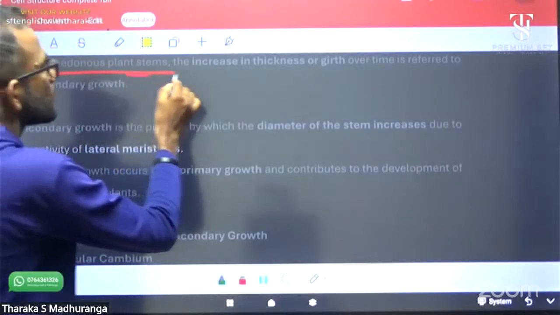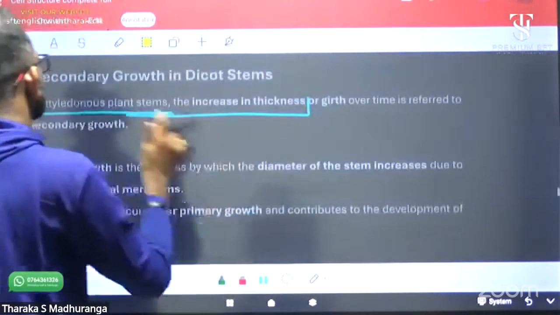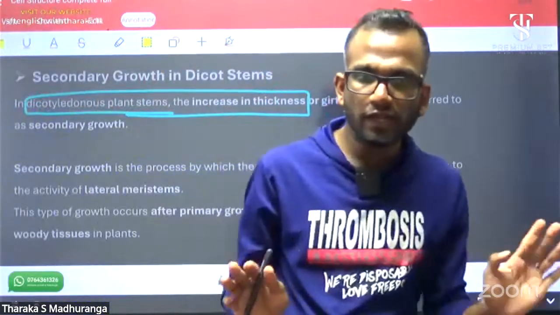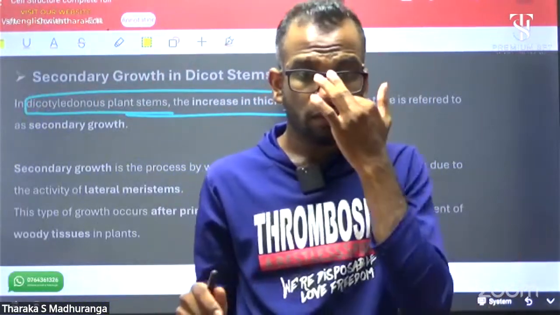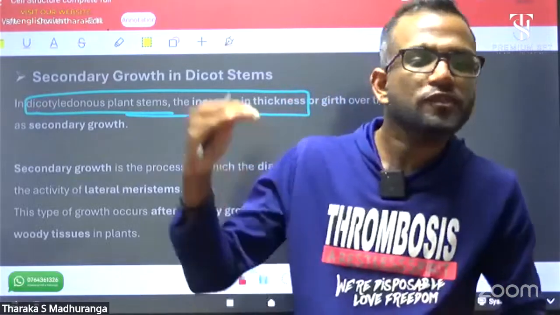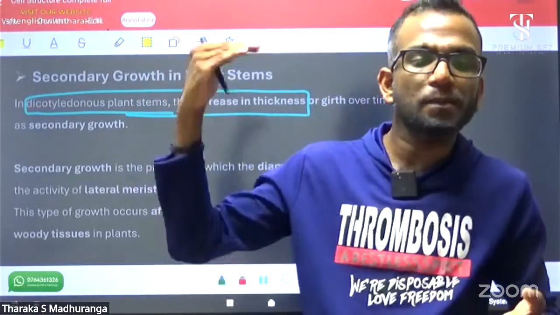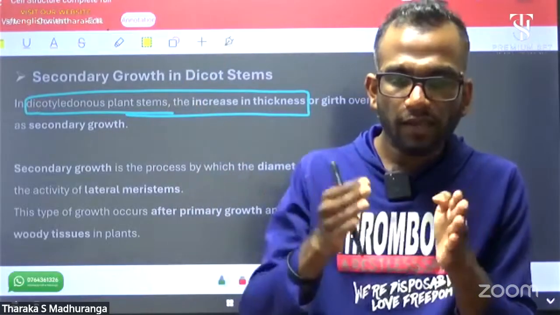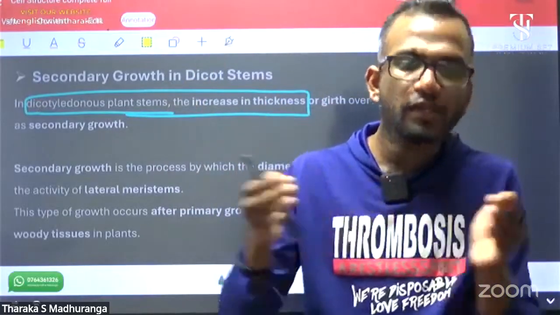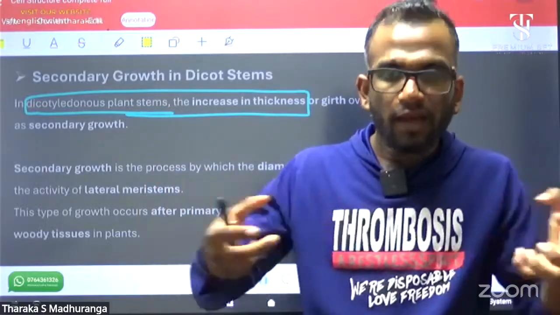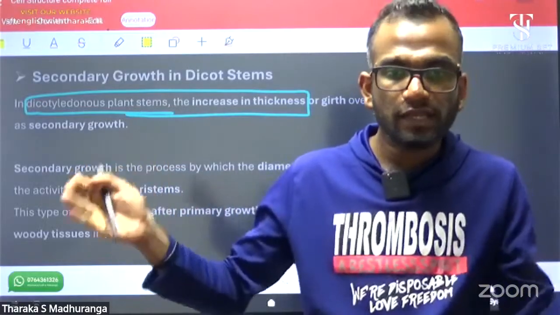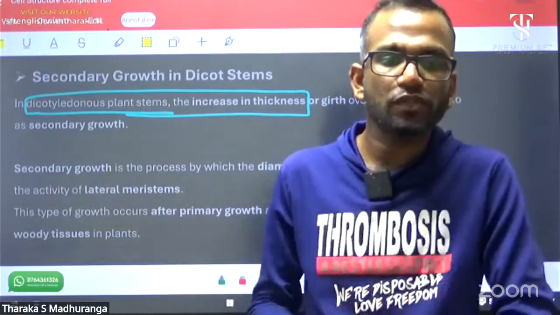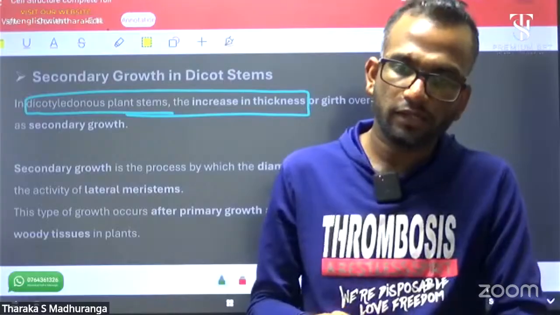Can you understand the meaning of secondary growth? At first it grows taller, right? When it completes the height increase, without increasing height, the thickness is increasing. That means the stem thickness is increasing. That we call secondary growth of dicotyledon plants.